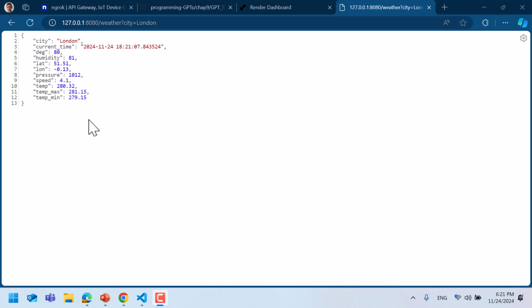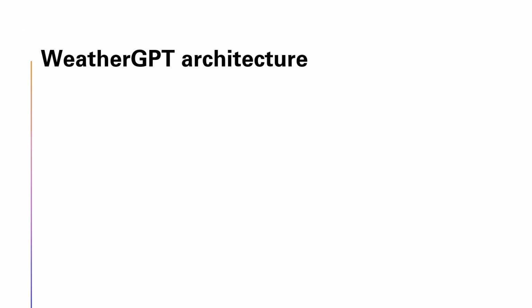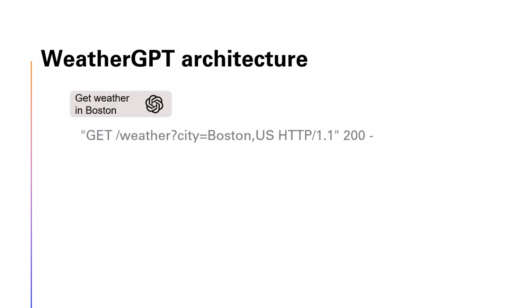So it's working just fine. It's working on my machine, but now the challenge is how can you get it out of your machine? And this is where ngrok jumps in. So the workflow is going to be the following. You'll be giving an input to ChatGPT. It's going to call this service.